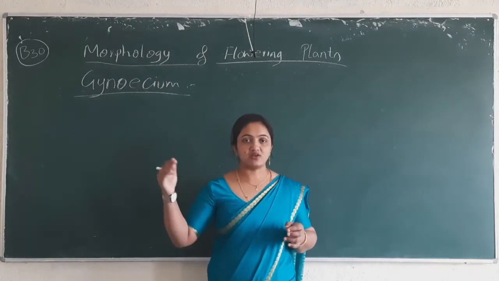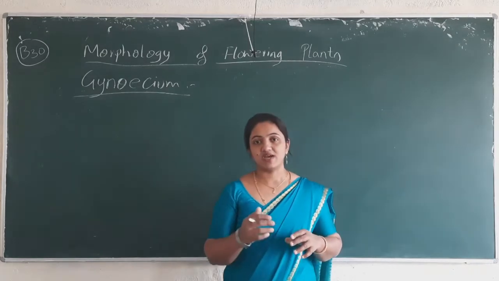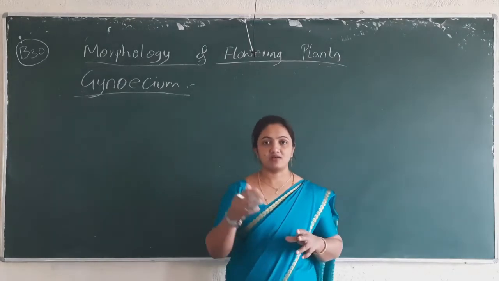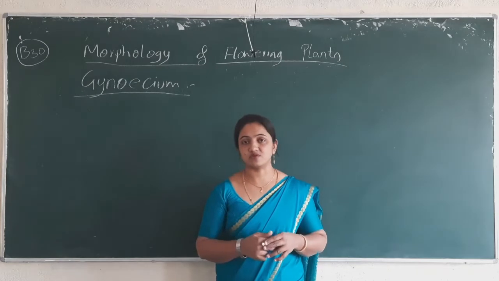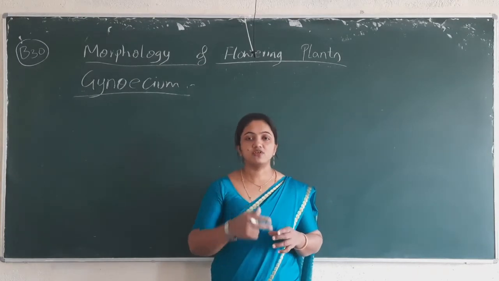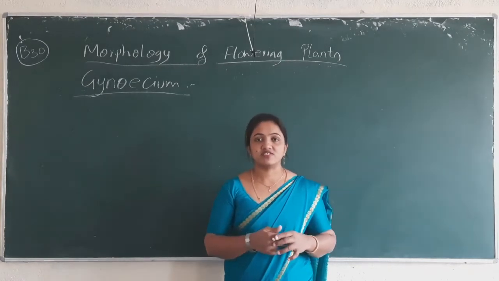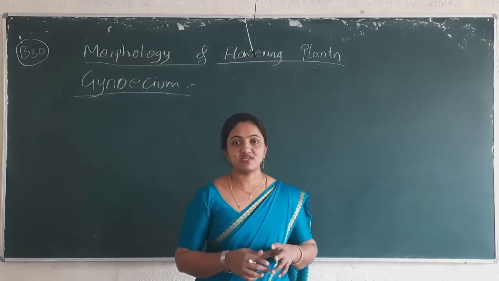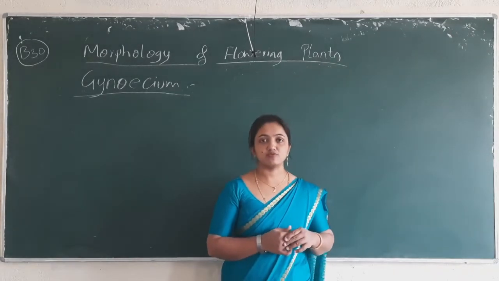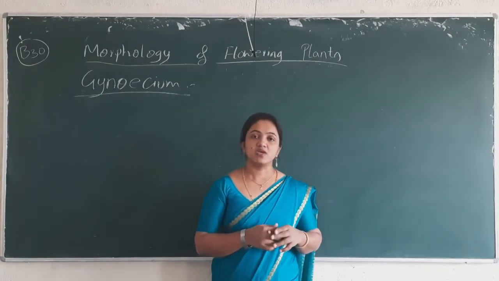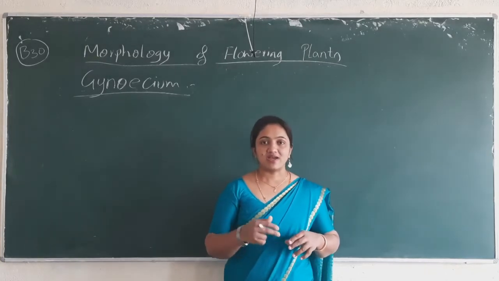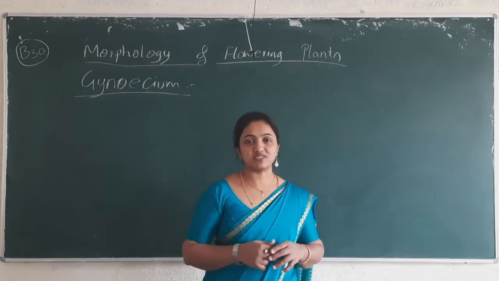Okay, so I'll draw the diagram of gynoecium and I'll tell the other related concepts of gynoecium. Before starting the gynoecium, yesterday we were discussing the types of flower based on the position of calyx, corolla, ovary and stamens. Stamens means androecium.